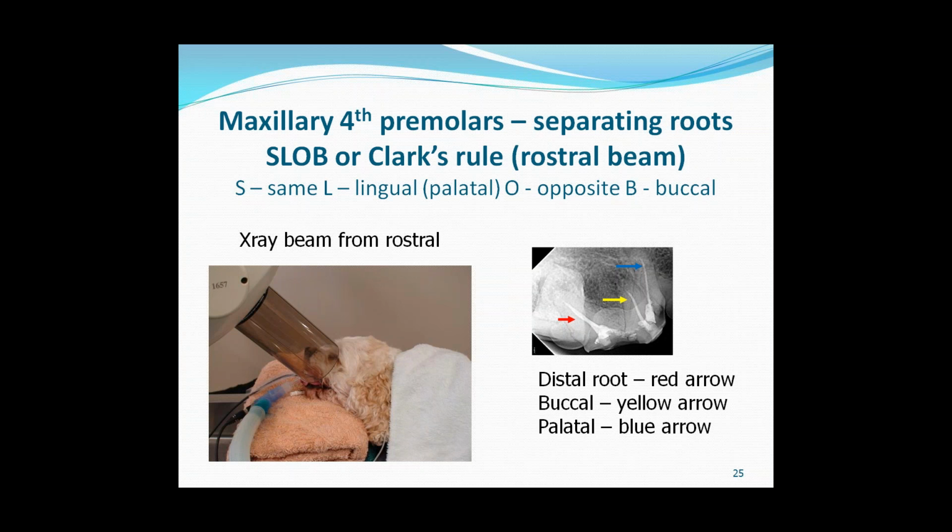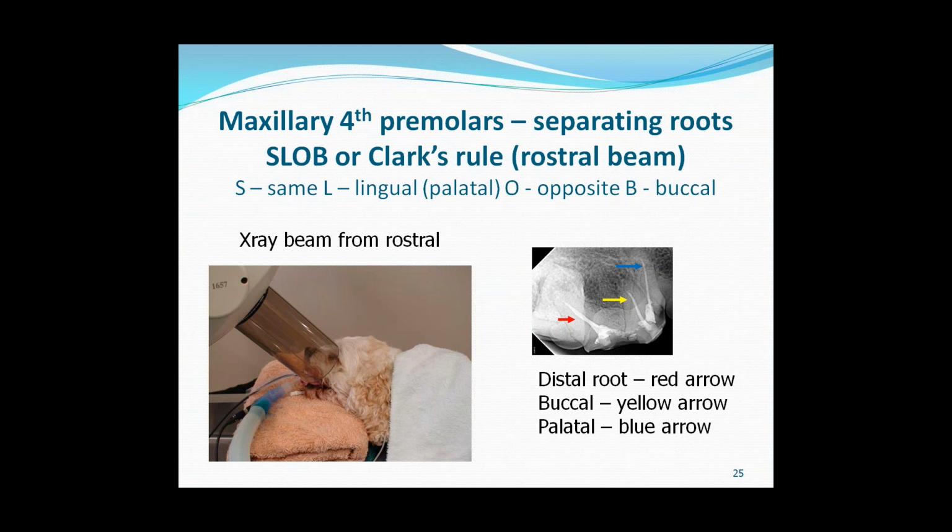So using that rule, one would assume that if the tube head is moving rostral or towards the dog's nose, then the lingual, or in our case, the palatal root, would also move in the same direction. So if you look at the radiograph, you've got the mesial roots on the right-hand side of the film, and you've got the distal root.